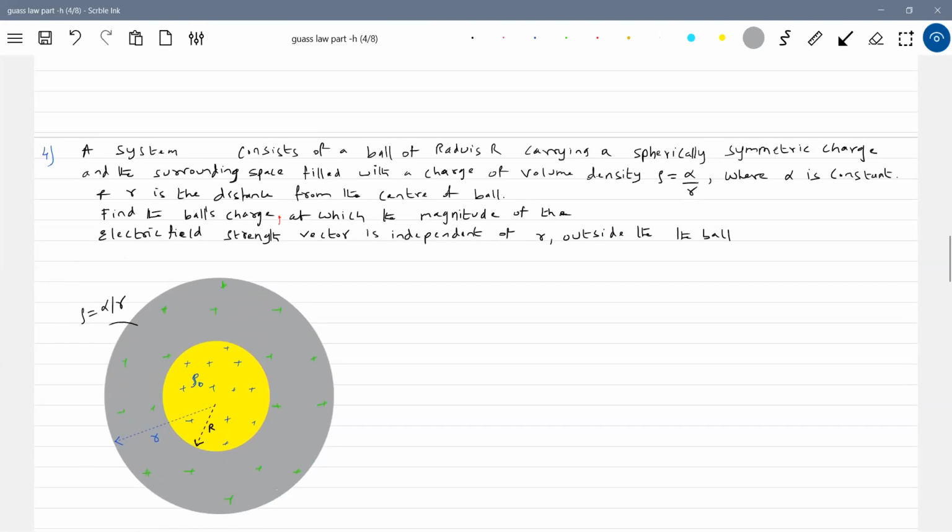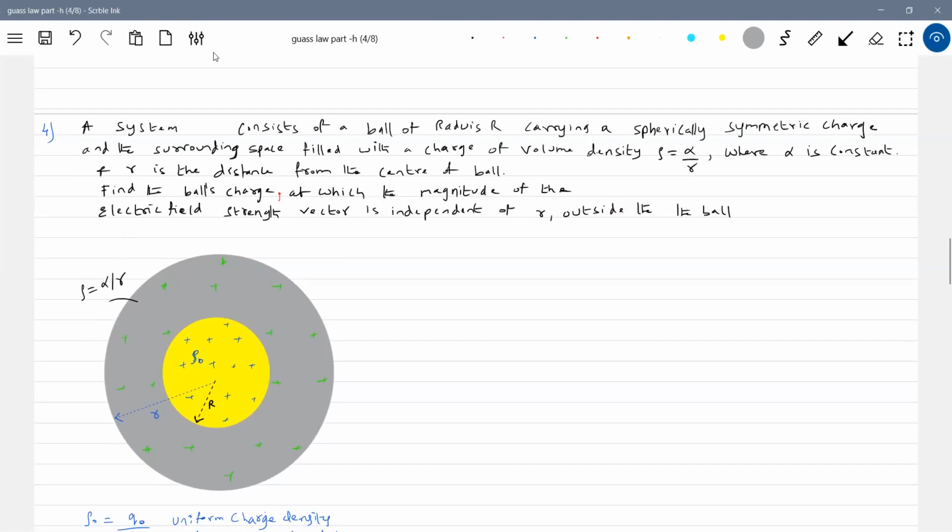Okay, there's a question, again based on Gauss law. I discussed a similar question in the gravitation chapter. Hope you remember. We had this similar discussion in the gravitation chapter. What is it asking? There is a superposition of the field. So we have first a uniformly charged ball.